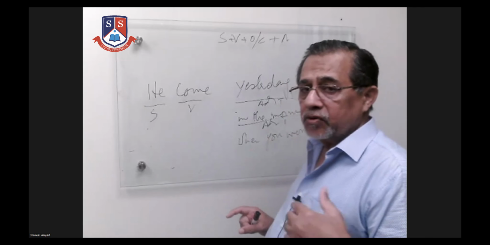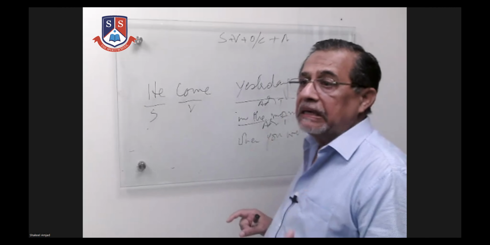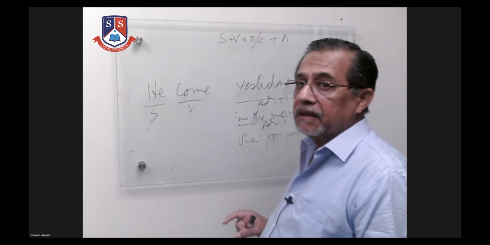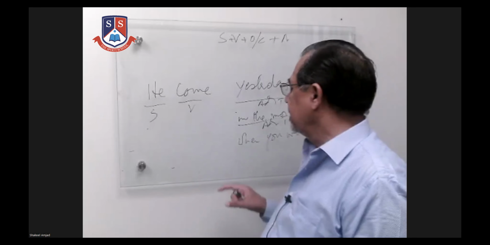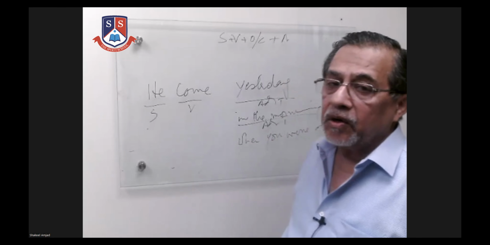That is one sign of there being a dependent clause, and you must make your students learn and be able to distinguish these things.